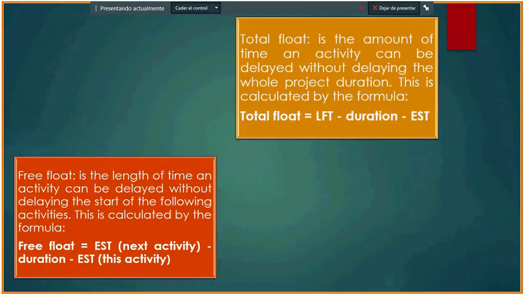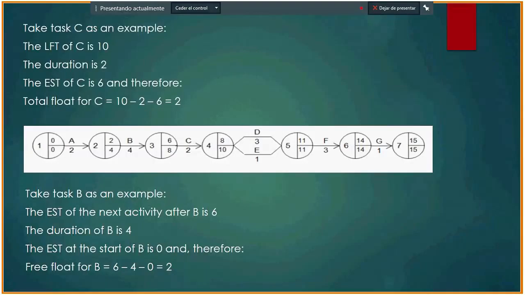Yes, it's the time between a process. If you have one activity and another activity, the float is the time that you have between those activities. Is it clear? Yes. So that's the float: the time that you have between activities, so you can use that float to do an activity.